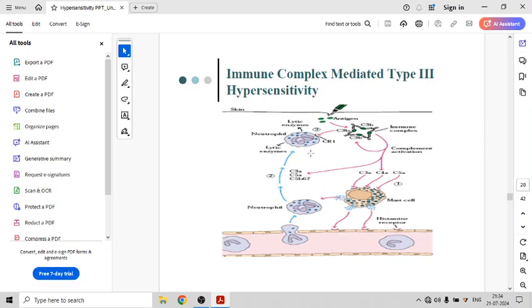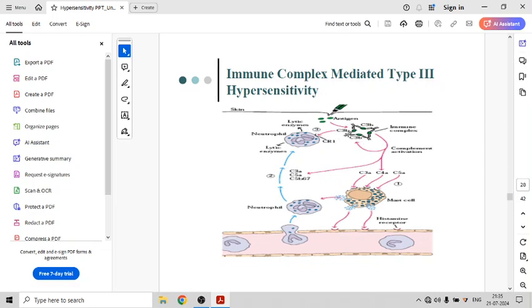At the same time, C3a and C5a and C5b67 complement component formed will activate the neutrophils and act as chemotactic factor for the neutrophils. With the result, larger number of neutrophils will infiltrate that area where the antigen antibody complex is formed.